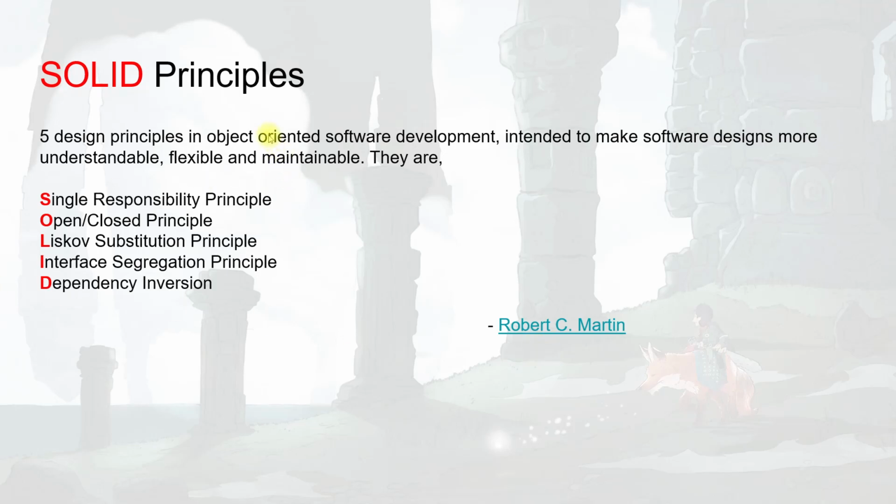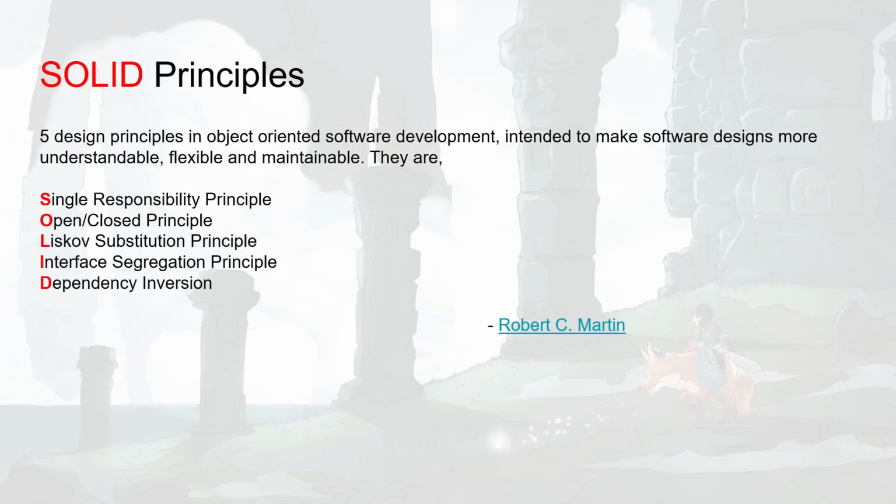They are 5 design principles in object-oriented software development intended to make software designs more understandable, flexible, and maintainable. The first principle is the single responsibility principle, then the open-closed principle, the Liskov substitution principle, the interface segregation principle, and the dependency inversion principle.